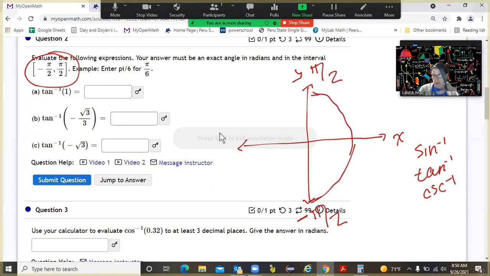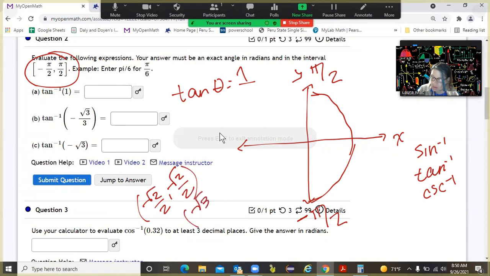So the first one wants to know about tangent inverse of 1. So again, it's asking where is tangent equal to 1, but only between negative pi over 2 and pi over 2. Now, because these are all done without a calculator, our possibilities essentially are going to be, let's see, we've got a root 2 over 2 point for sine and cosine.